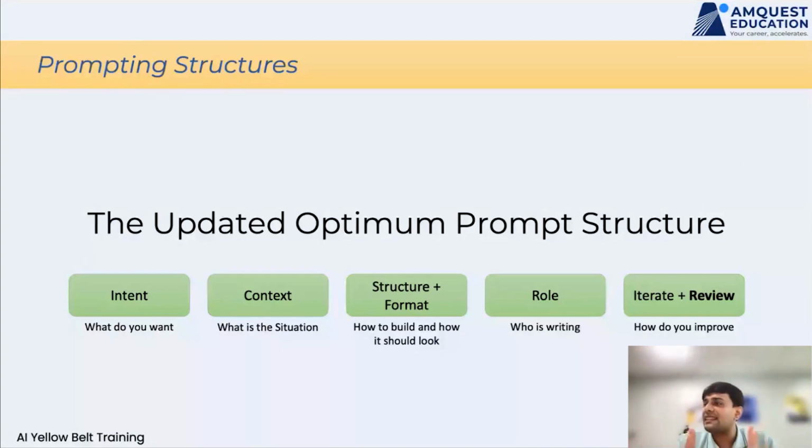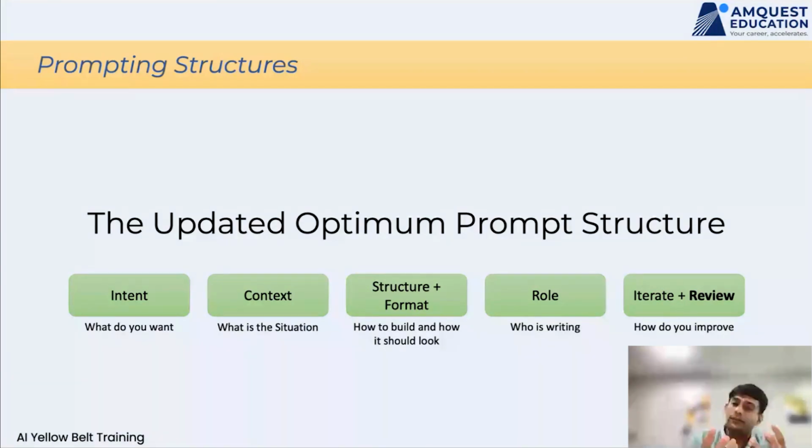Is this clear? This single slide? Because this is the basis to how you interact with AI and be 80-90% better than everybody else. All right. We are all on the same page. You understand this. We have intent, we have context. Intent is what you do. Context is what the situation is all about, why I'm doing this. How I build it and how the output should look is your structure and format.